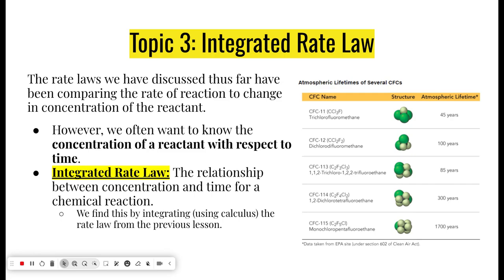That's the example we have here: a greenhouse gas called a chlorofluorocarbon, CFCs for short. Chlorofluorocarbons come from air conditioners and refrigerators, and as you can see, their atmospheric lifespan ranges from 45 years all the way up to 1,700 years.